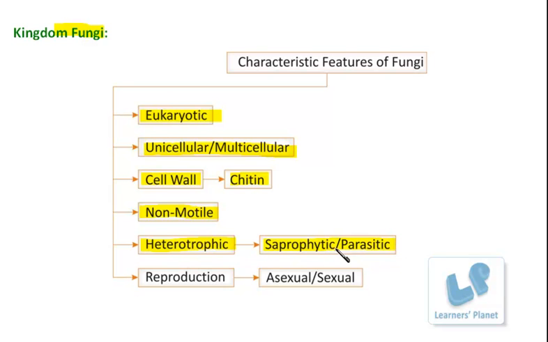That means either they are absorbing the dead and decayed material from the surroundings, or they are obtaining their food as a simplified material from the living host body. Fine. So this is the basic point: although it has a similarity with animals, here comes the difference. And definitely the other functions or properties I have discussed are differences from the animals.